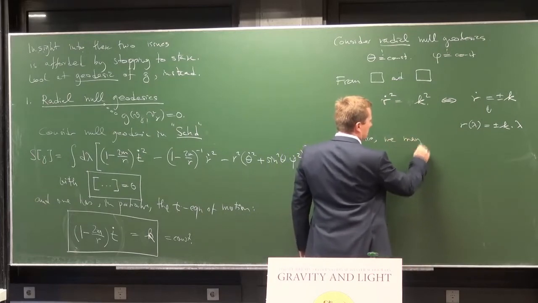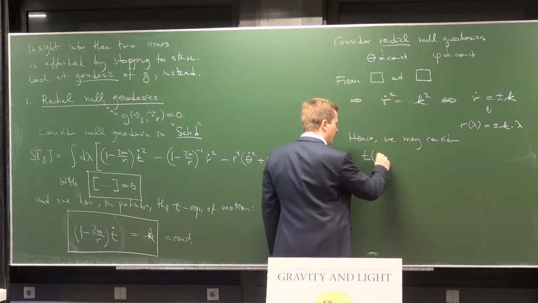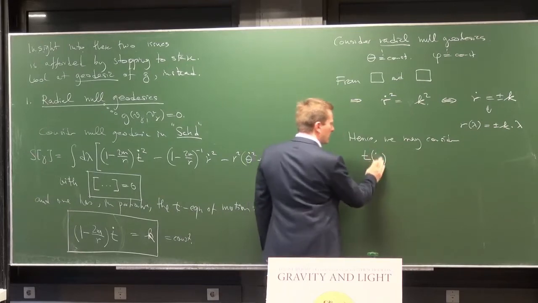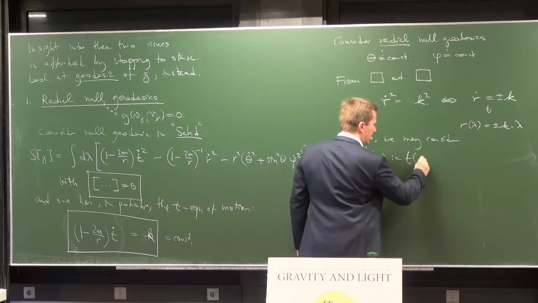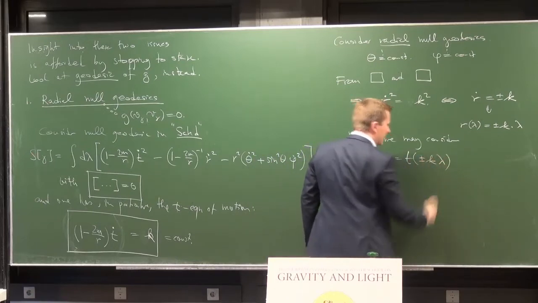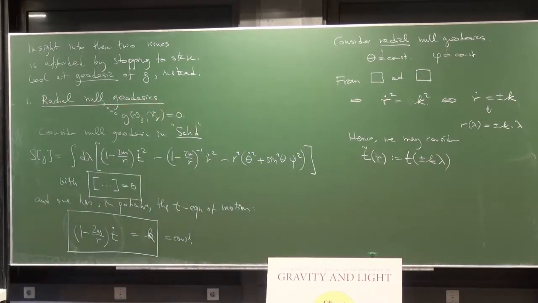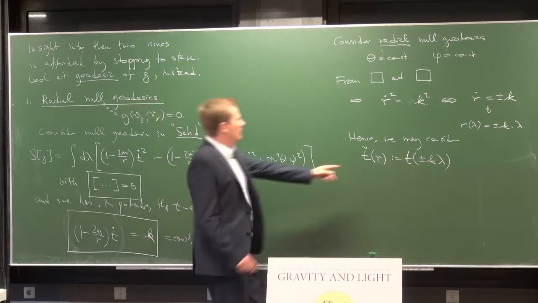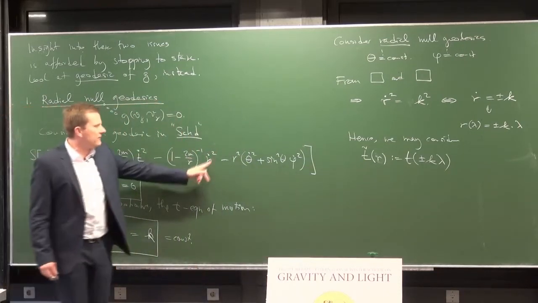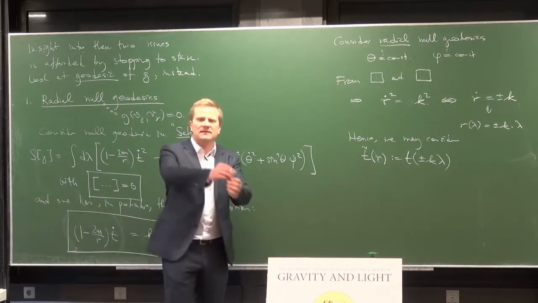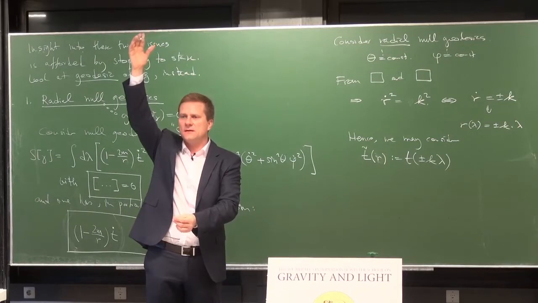Hence, we may consider, instead of solving for t of lambda, we could solve for some t twiddle of r, which is the t of plus or minus k lambda. If I write plus minus, we have to make a case distinction. Normally I would solve these equations of motion for t of lambda, r of lambda, theta of lambda, phi of lambda, and then I have a parameterization of the curve in the space-time, right?